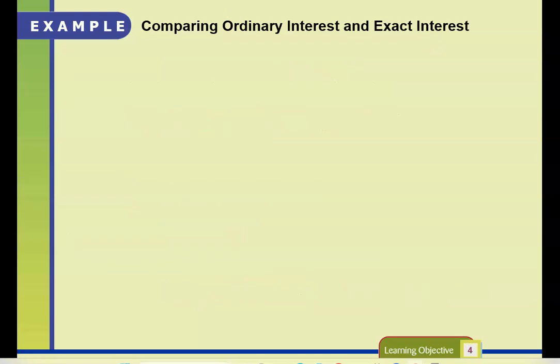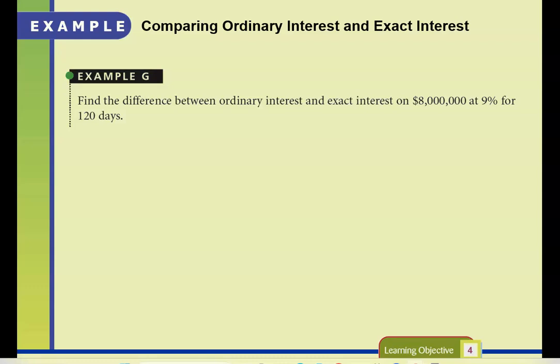Okay, and so let's compare them again. We're going to find the difference between ordinary interest and exact interest on an $8 million principal amount at 9% for 120 days. So I'll write ordinary on this side and exact here on the right.